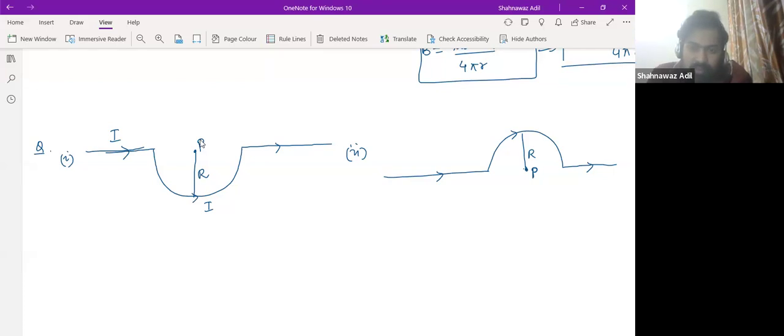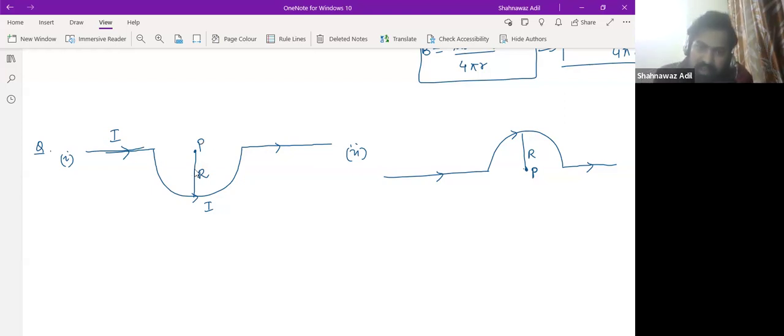Sir, which case, sir? The first case. How many shapes are there? If we break this geometrical figure into different shapes that we have studied so far, we have line, semicircle, and then the other line.